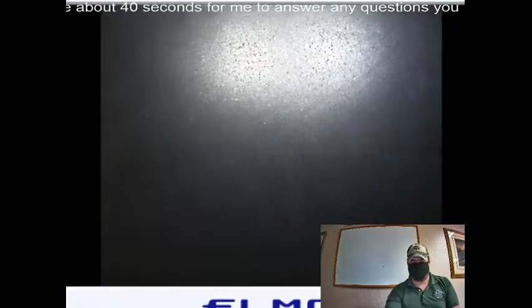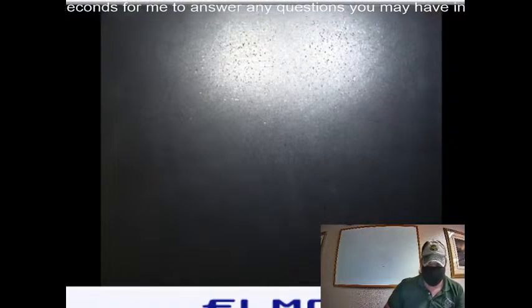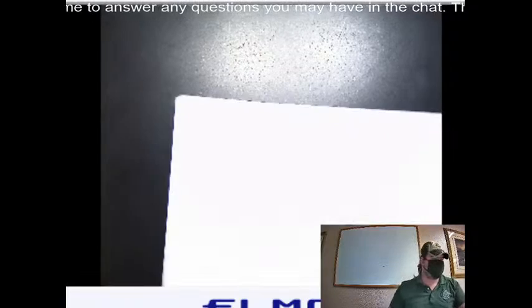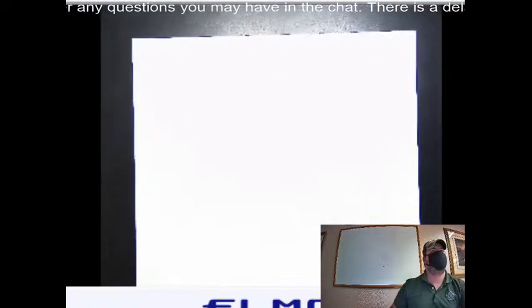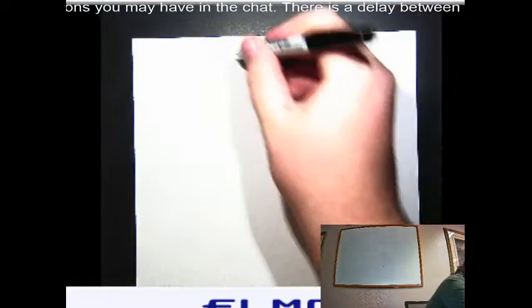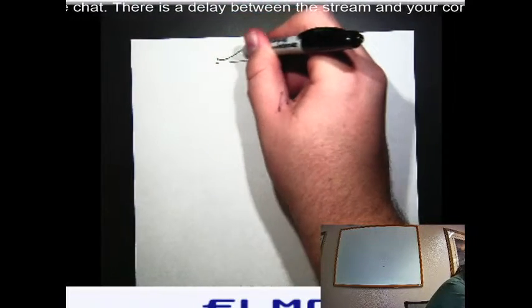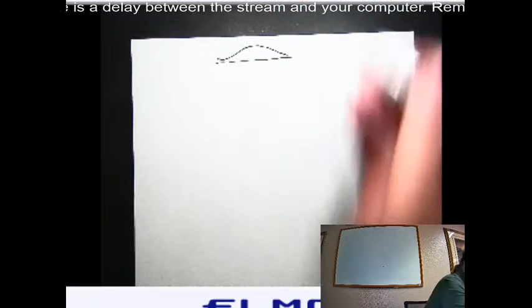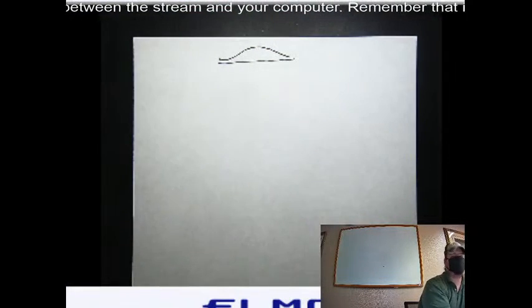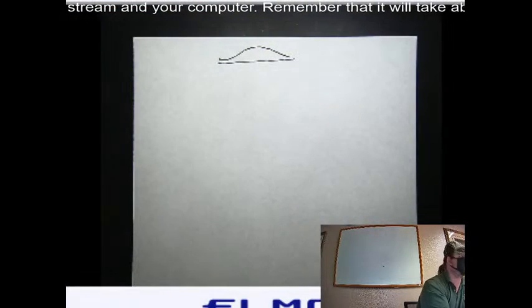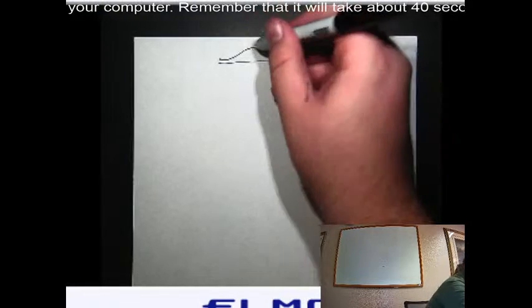Let's take a look at that too. Once again, we have a standard normal distribution. And sorry, I don't have an example for this one. I just made up numbers.